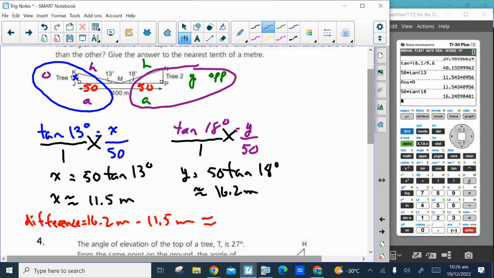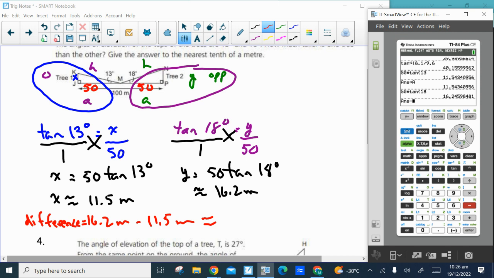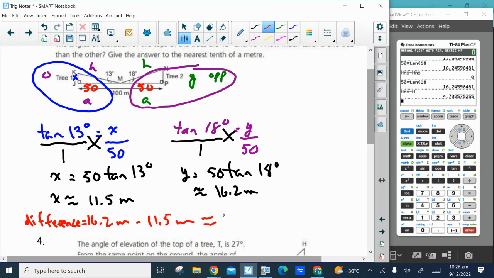So that decimal, take away the previous one. Let's try that again. Minus alpha A. So that gives us 4.7 meters. That's the difference in the heights between the two trees.